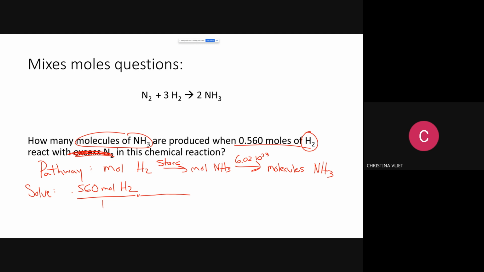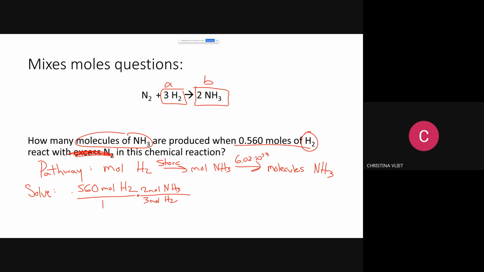H2 is my starting, so that's my A. And what I'm looking for is my B. I'm looking for NH3. So NH3 is my B. So I pull those numbers for my conversion. So what goes on the bottom? So 3, right? And NH3, the 2 goes on the top.